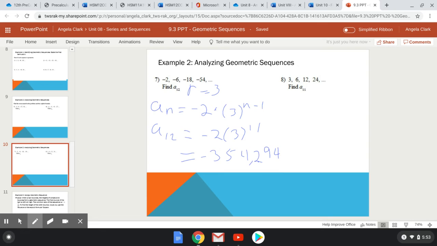Anyway, it's a big number, but that is in fact the 12th term in this sequence. Now remember, geometric sequences behave like exponential equations, so it makes sense that the numbers are going to start getting really big really fast. All right, so let's look at number 8.